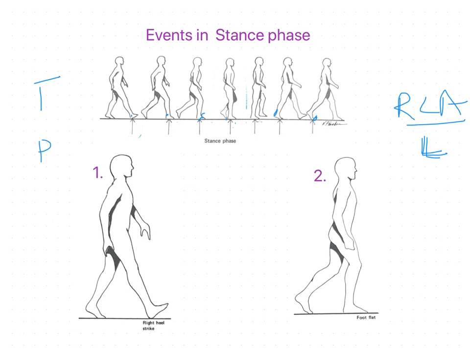Traditional terminologies refer to points in time. That means this is the point of heel strike, this is the point of flat foot, this is the point of mid stance, this is the point of toe off. Whereas RLA refers to lengths of time.